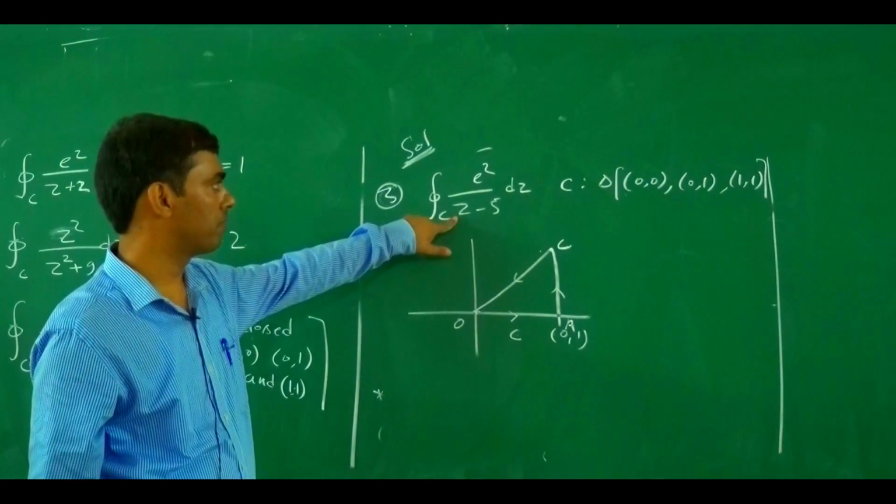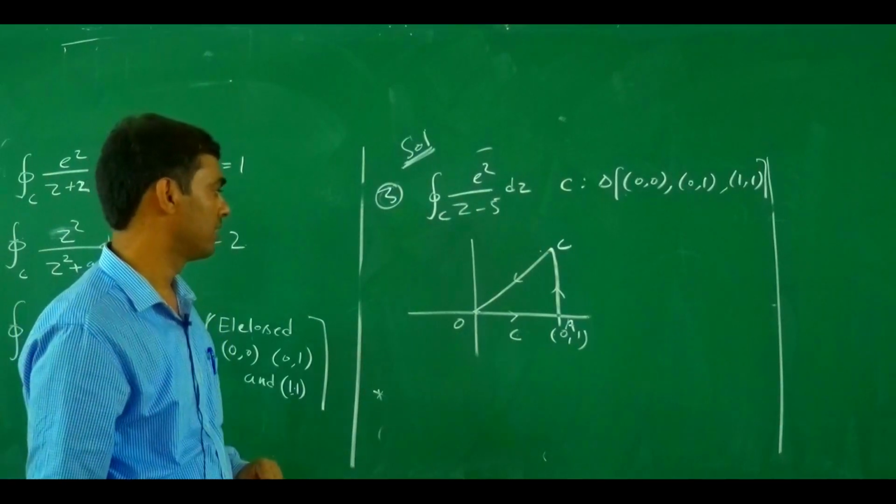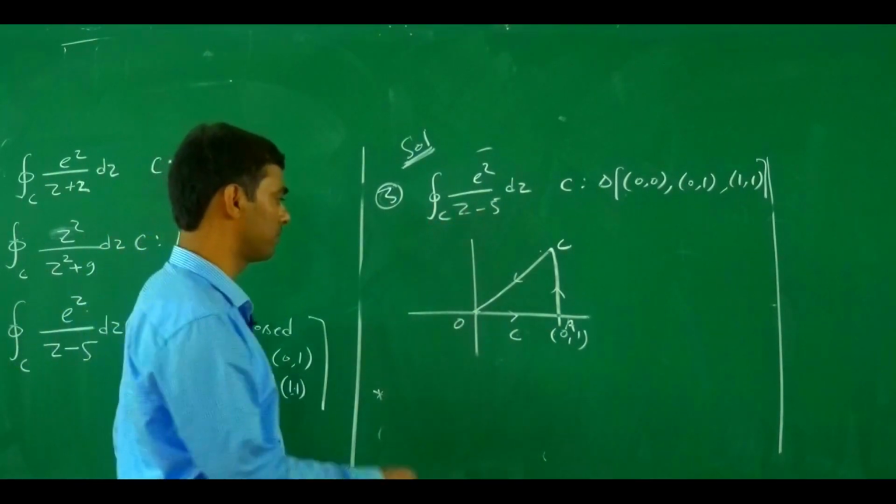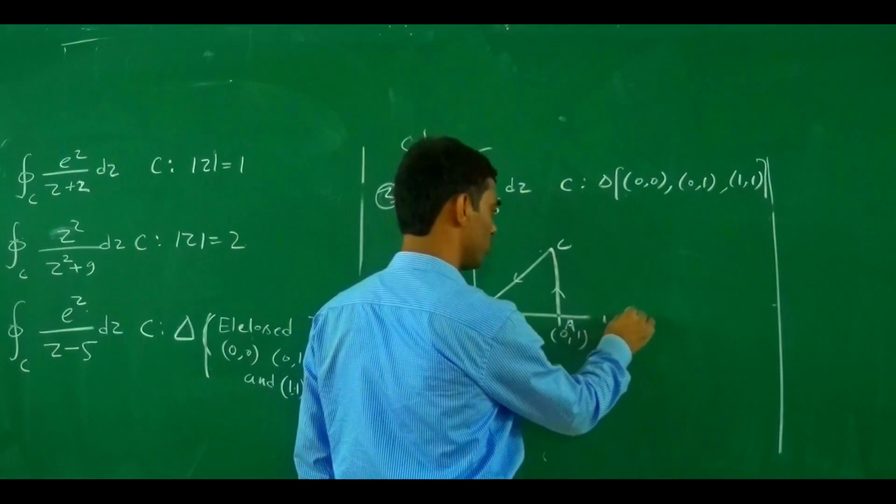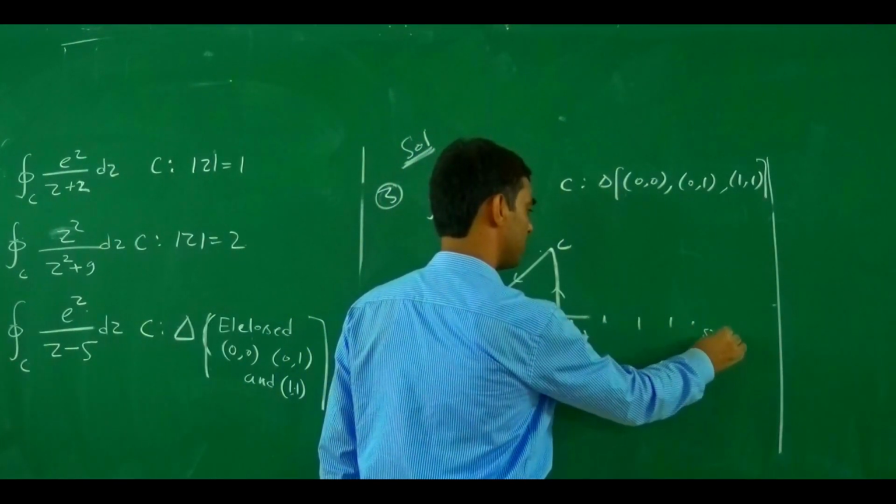Now does z equal 5 lie inside or outside? Z equal 5 means 1, 2, 3, 4, 5 here, the point 5, 0.